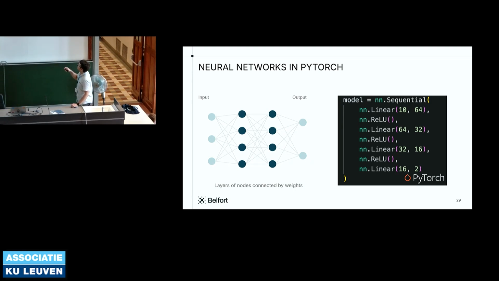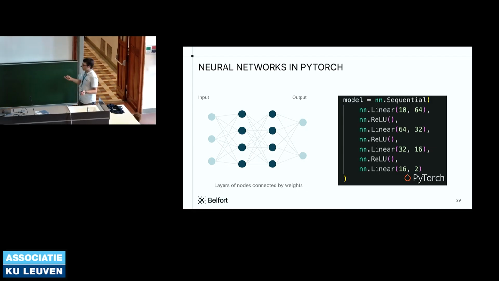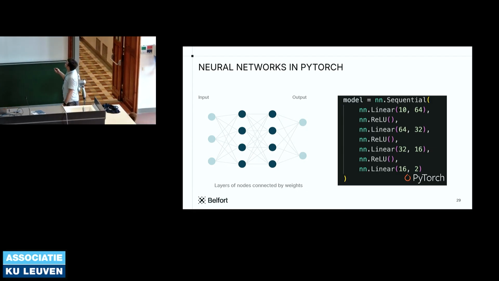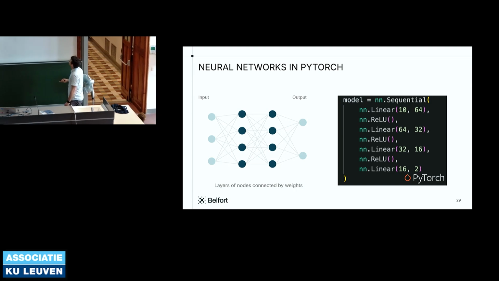For those of you who have never seen or written PyTorch, this linear layer, right? We think of a neural network as you have some inputs and some outputs, and then you have some layers in between, which is vertical, like this. This linear layer is a matrix multiplication, and this ReLU is an activation function.